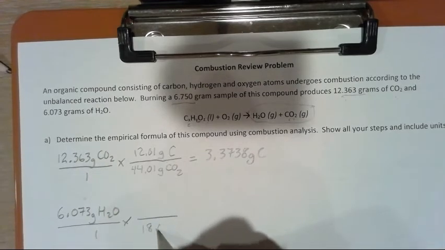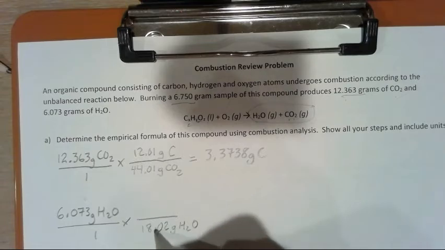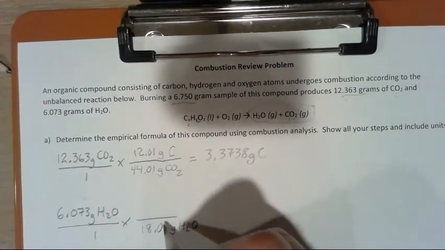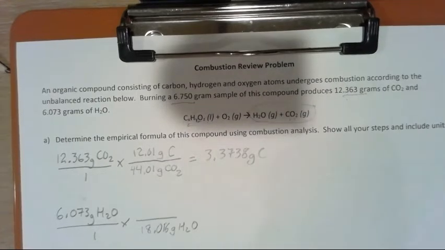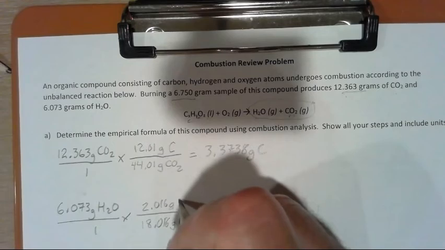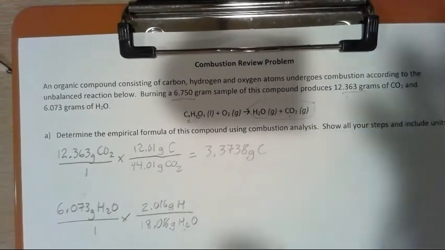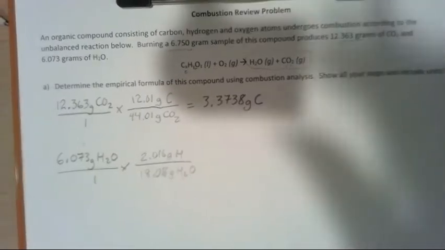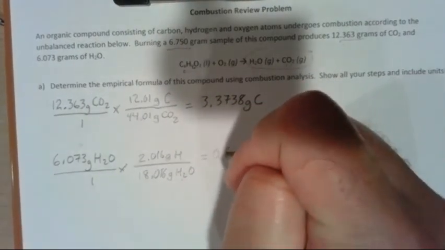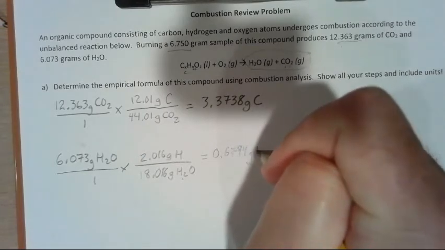So for every 1 mole of water, which is 18.02 grams, actually I should write 18.016 grams, we have 2.016 grams of hydrogen. Not because hydrogen is diatomic, but because there are 2 hydrogens in every water molecule. And that comes out to 0.6794 grams of hydrogen.